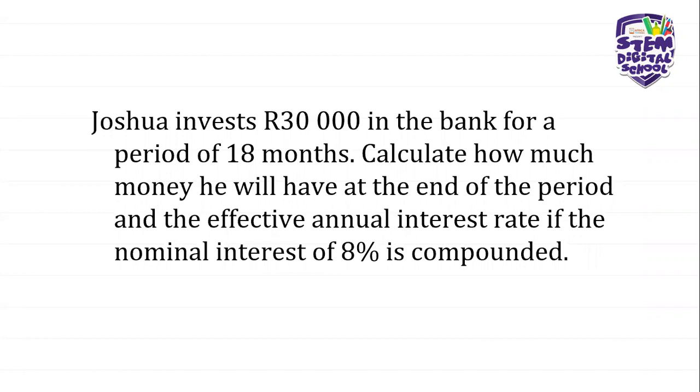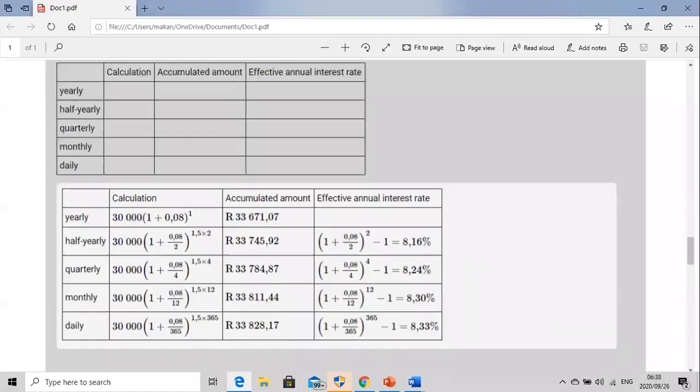Remember, 8% is compounded, and that is why you see these movements. The 8% is actually compounded, and that is why we use the compound interest formula to look at the accrued amount. So once again, as I said, you look at the calculations which are done yearly.